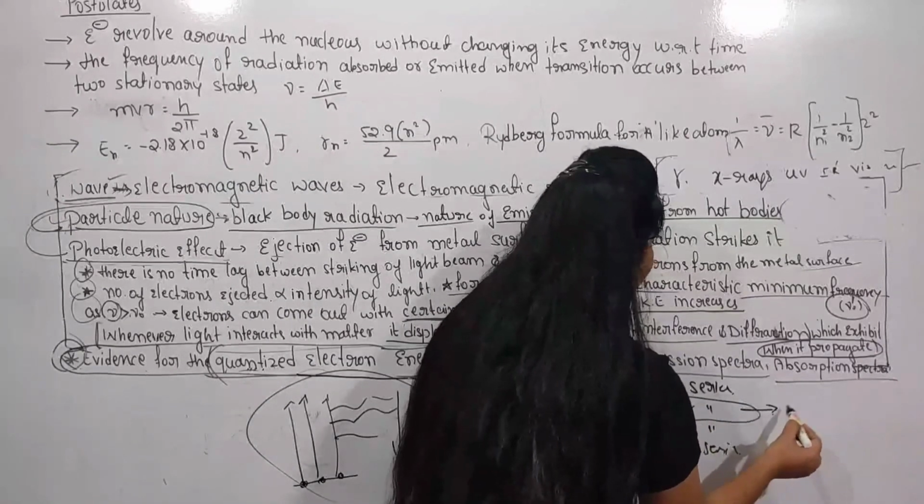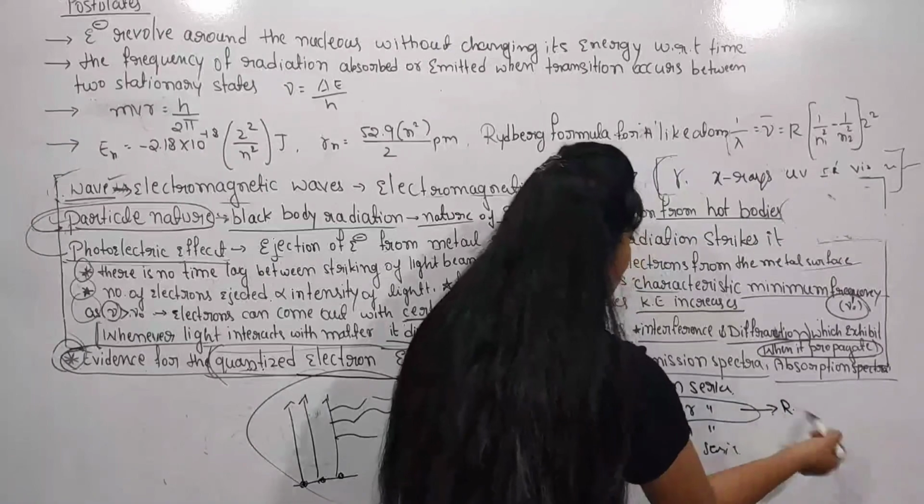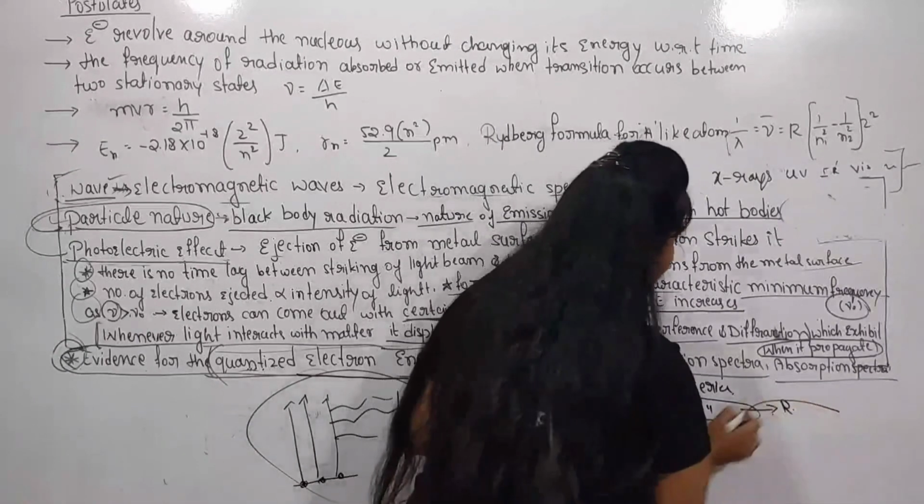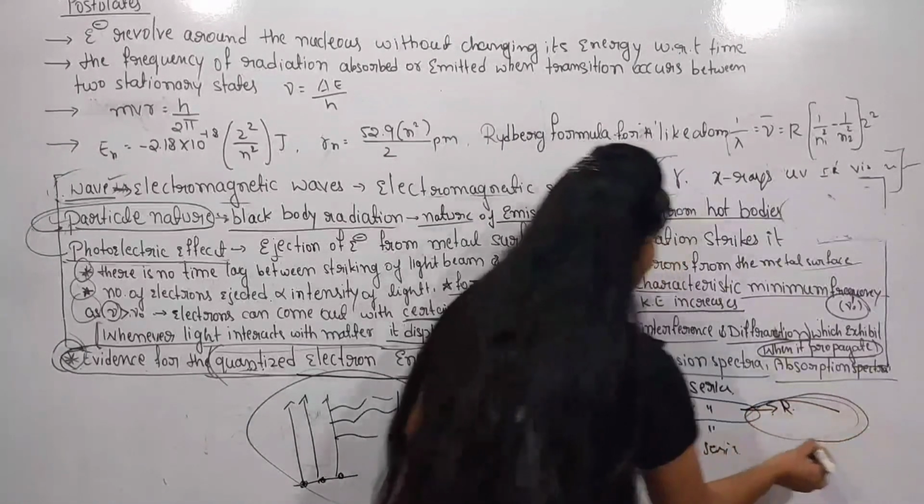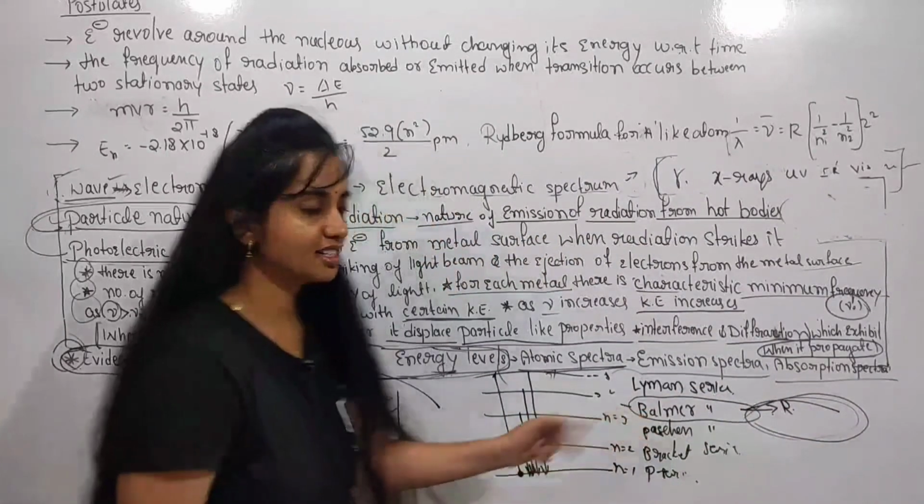Here we observe lights like red, blue, yellow. So in this visible region we get the Balmer series.